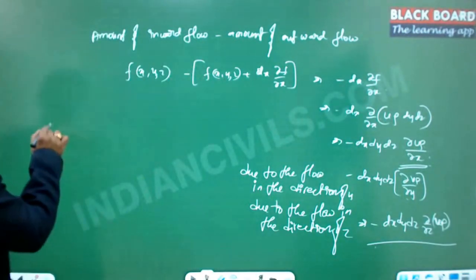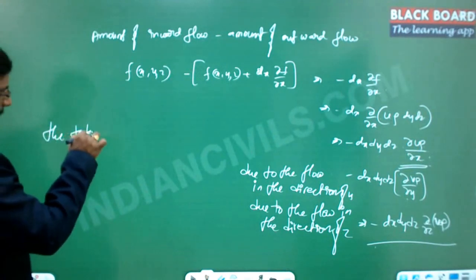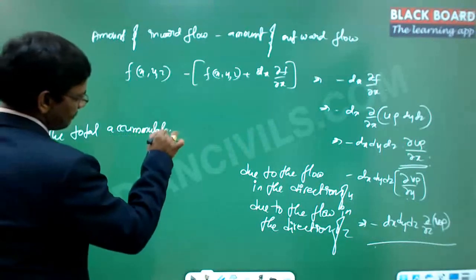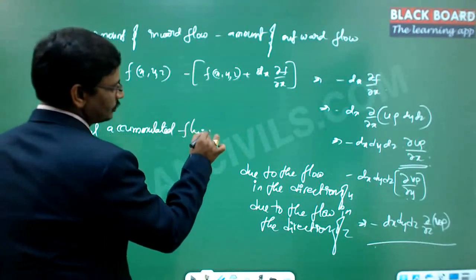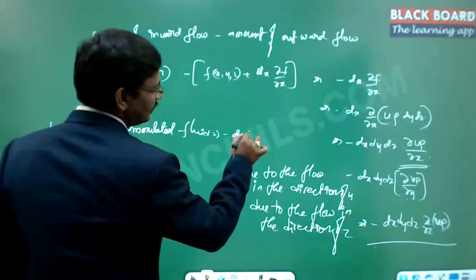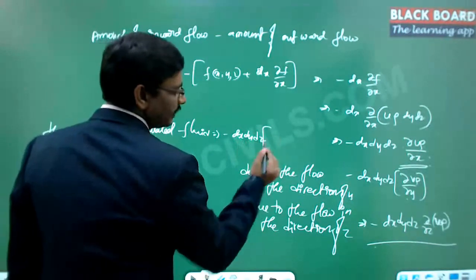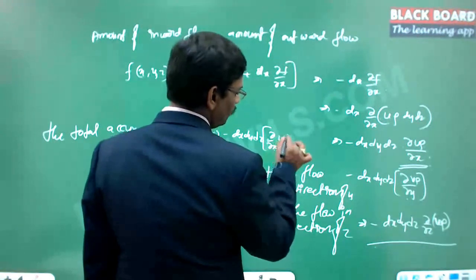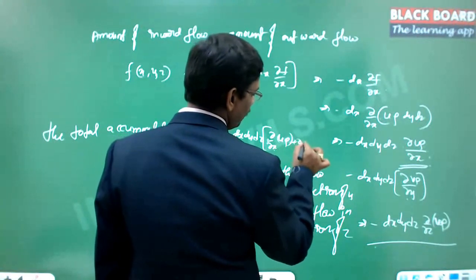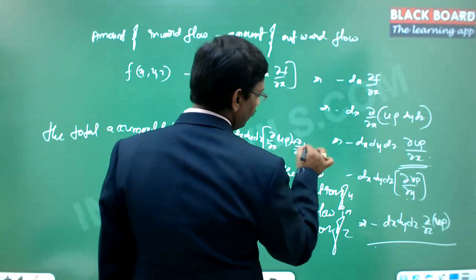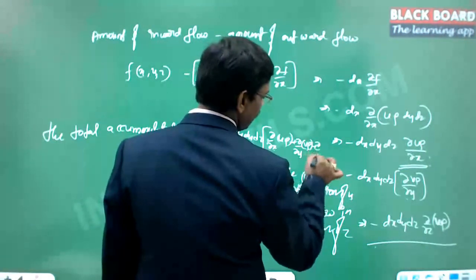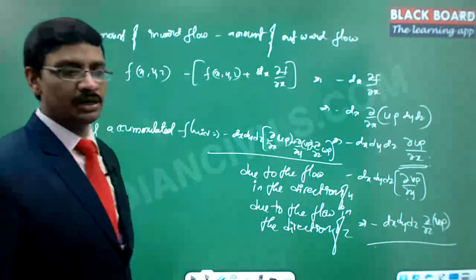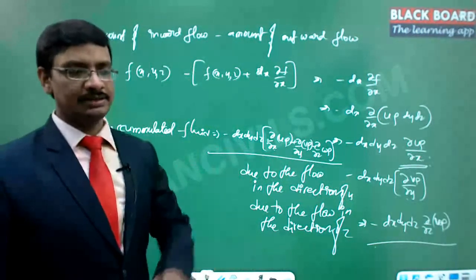So the total accumulated fluid is minus dx dy dz times dou by dou x of u rho plus dou by dou y of v rho plus dou by dou z of w rho.